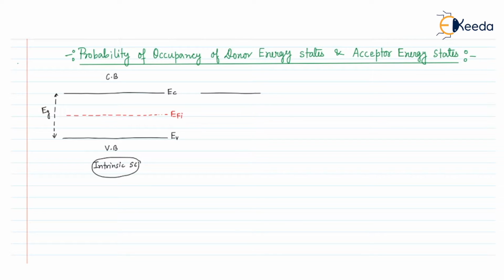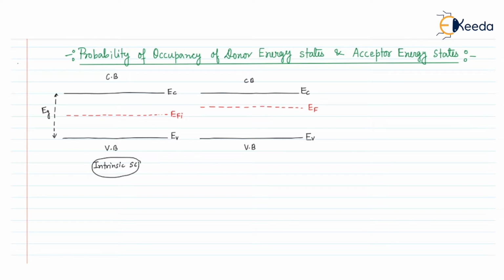This will be the conduction band minima, EC, and this will be the valence band maxima, EV. Since we have doped with donor impurities, the Fermi level will be near the conduction band, because it will be converted into an N-type semiconductor.